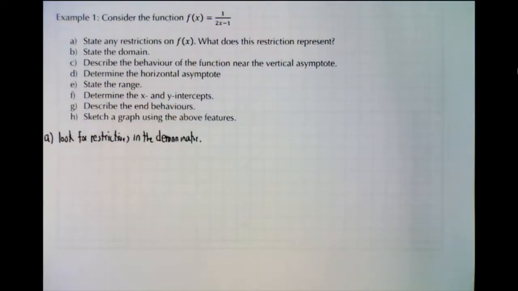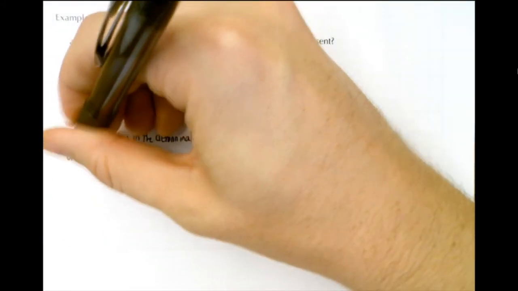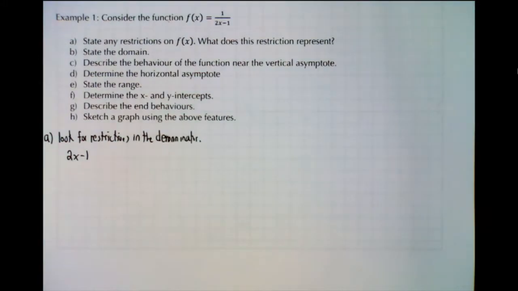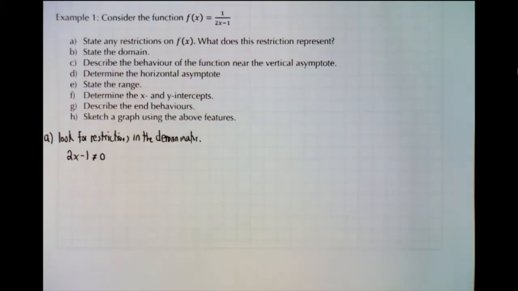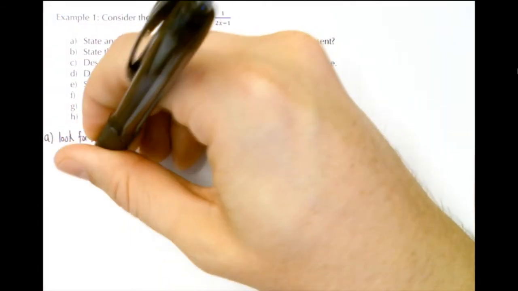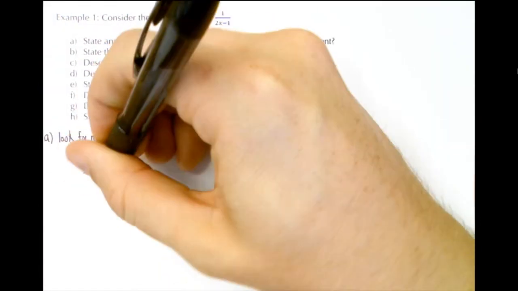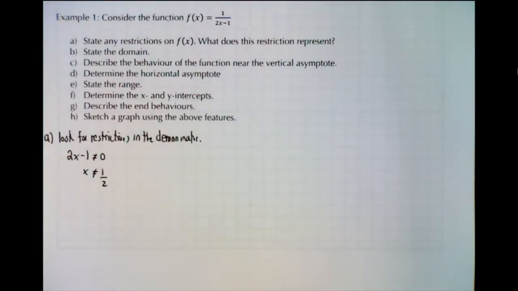In the denominator, we have 2x minus 1. We know that the denominator cannot equal 0. So basically, we're just solving this non-equation. We're solving for x to see what x can't be. Well, if we add 1 to both sides and divide both sides by 2, we find out that x can't be 1/2.